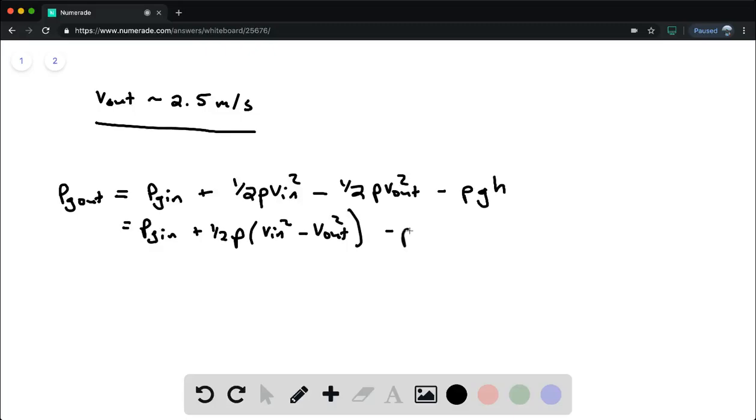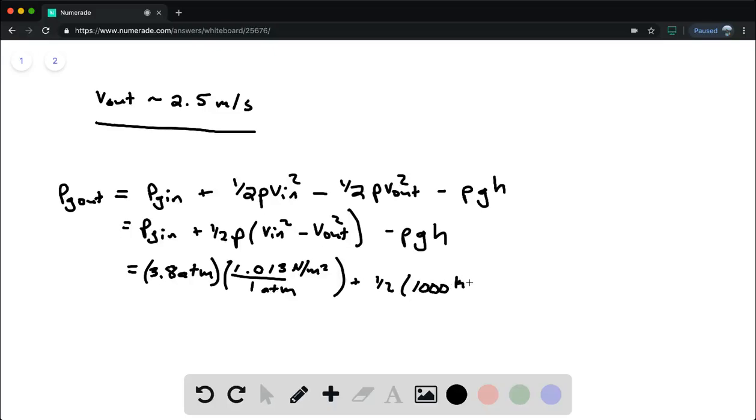Just rearranging that a little bit. And now we can plug in these numbers, all of which are given or we just calculated v out. 3.8 atmospheres, and we can convert from atmospheres to newtons per meter squared, which is a Pascal. You want to add up all these terms in terms of pascals. We can still write the final answer in atm and just convert back.